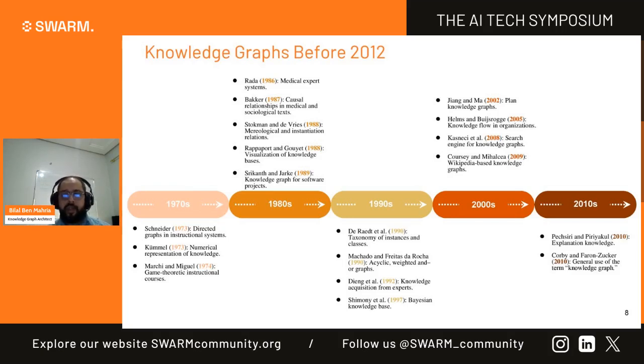Then Mercado and Freitas introduced cyclic weighted terms to define graphs in order to improve the process of decision modeling. Then we can jump directly to the 2000s, where people developed plain knowledge graphs for organizing strategies, for strategic planning using knowledge graphs.